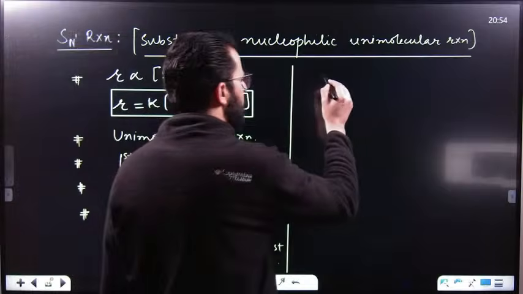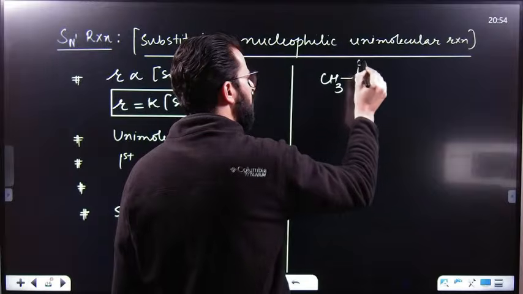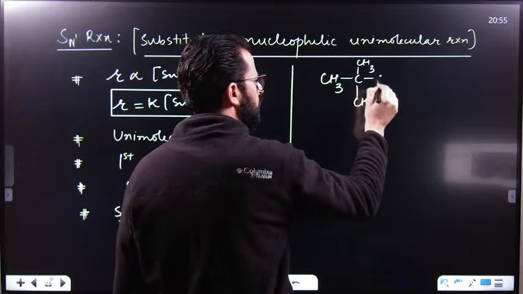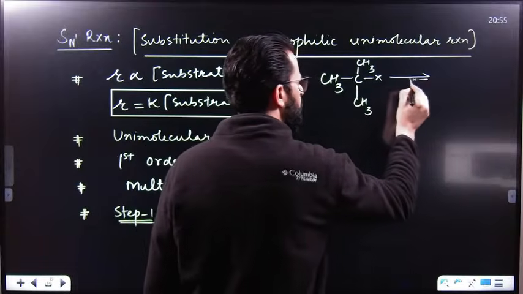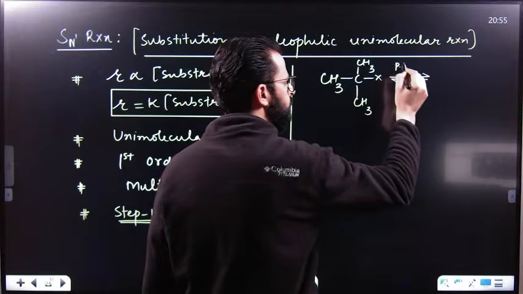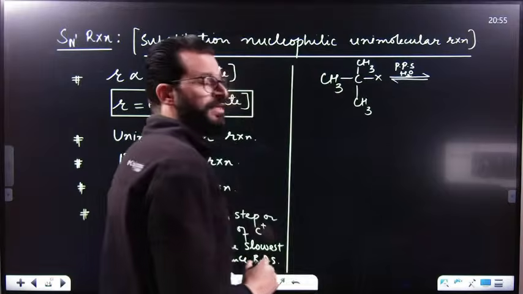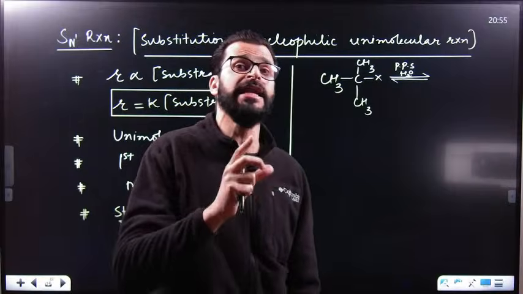Have a look. For example, if we are having a substrate, let us suppose an alkyl halide, tertiary butyl halide. Suppose we are having this as the substrate. Now, first of all, what will happen? Polar protic solvents, for example water, have a high dielectric constant value. What is meant by dielectric constant value?